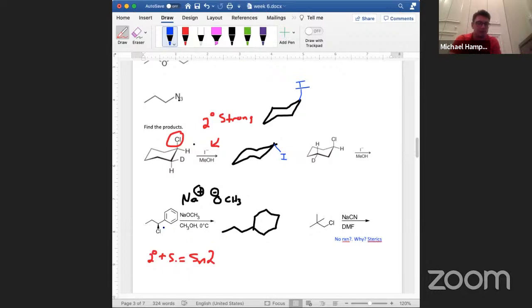If that chlorine started as a wedge, how is it going to end up? As a dash, because it's an SN2 reaction, keyword SN2. If it was an SN1, you would have both, a wedge and a dash.